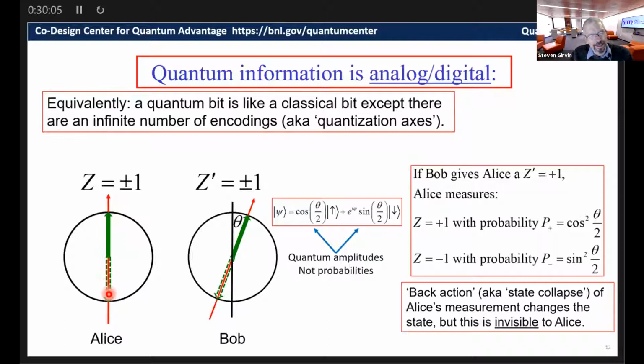Occasionally she'll find this, but she'll never know that Bob had prepared a superposition state because he used a different encoding than Alice was using. So there's this so-called state collapse or back action. And Alice has no way of knowing it happened, because if she measures this again, she will get the same result as the first time.